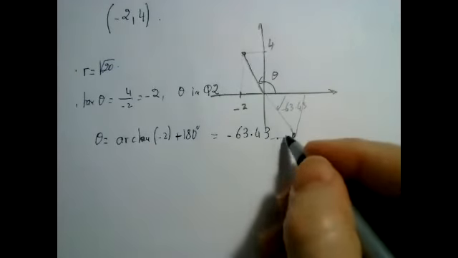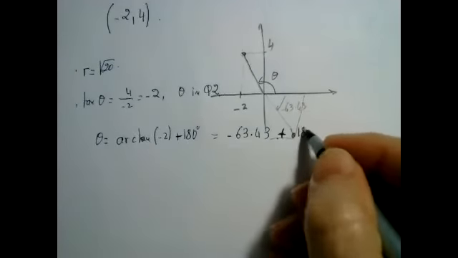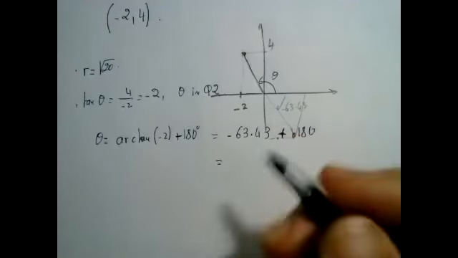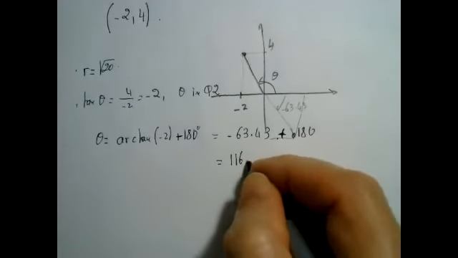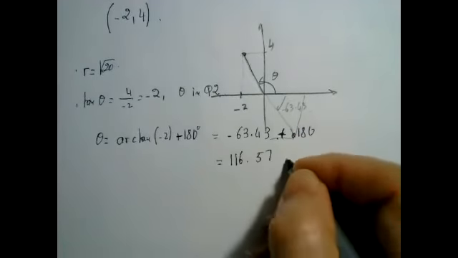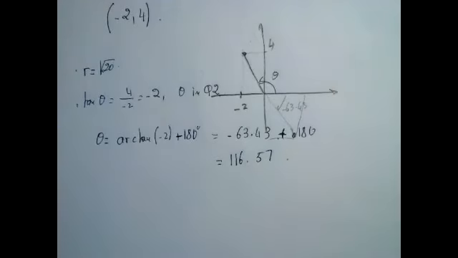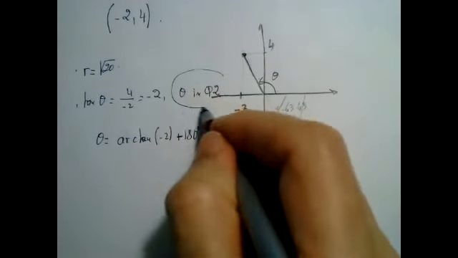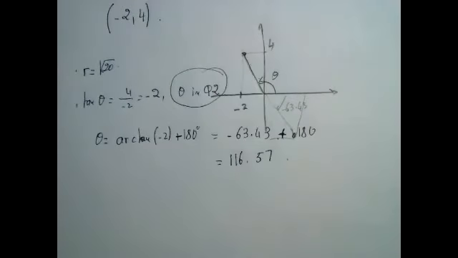So this is equal to that plus 180, which one of your classmates gave me correctly: 116.57. You have to add 180 to get the angle in the right quadrant, so you always ask yourself which quadrant you are in to get the right answer.